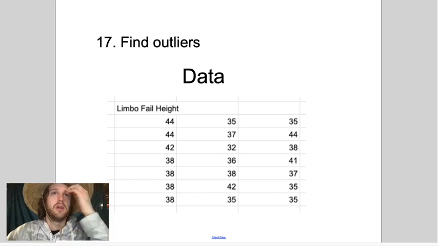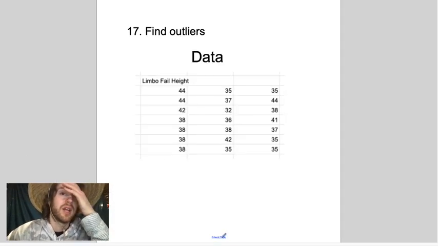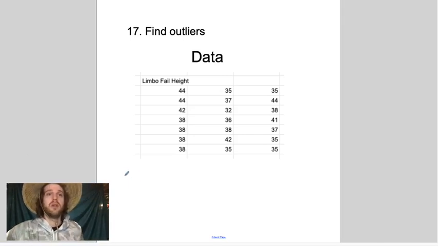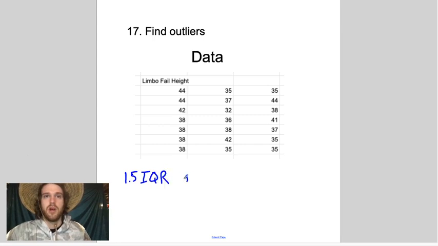Finding outliers, we've kind of gone over this before, I think, but basically the boundary for an outlier is 1.5 times the IQR plus Q3.